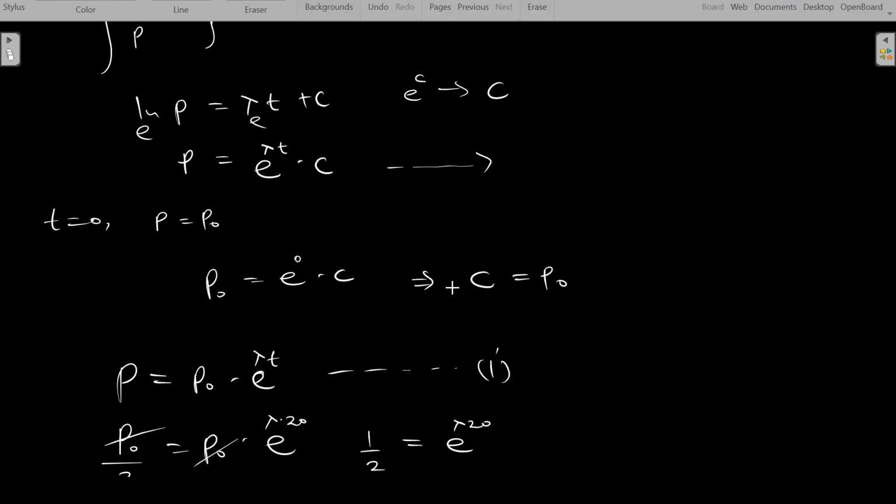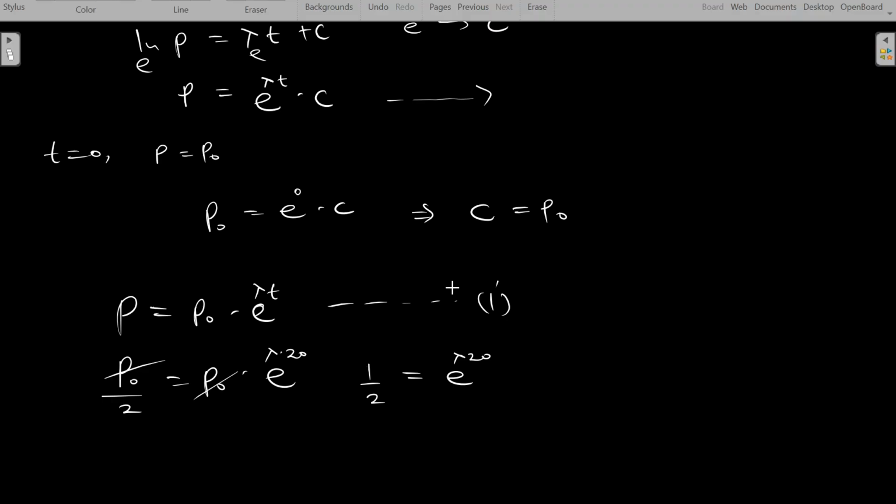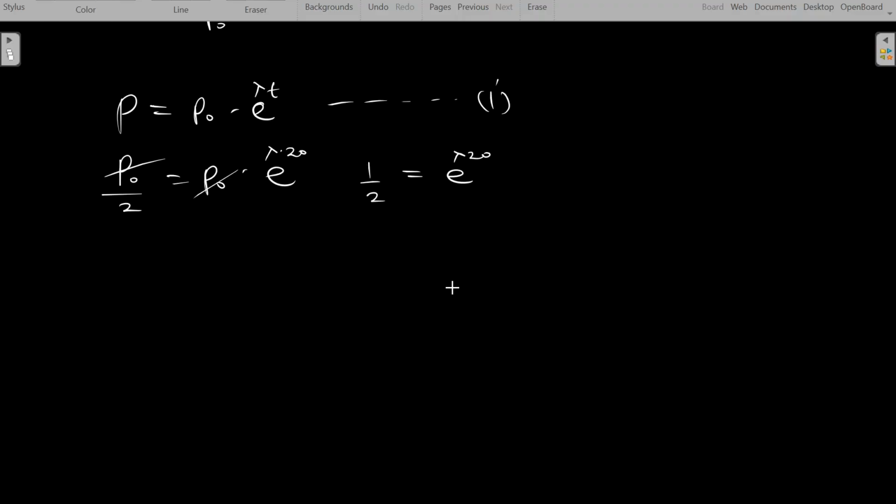So from there, how will we perform this? If I take a half, I should take the ln of this side and the ln of this side. Okay, so let's perform the ln. If I take the ln of this side, I should also take the ln of this side.